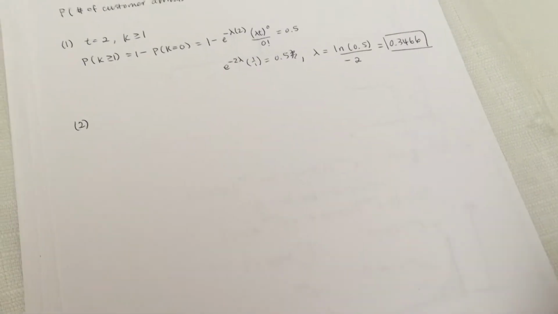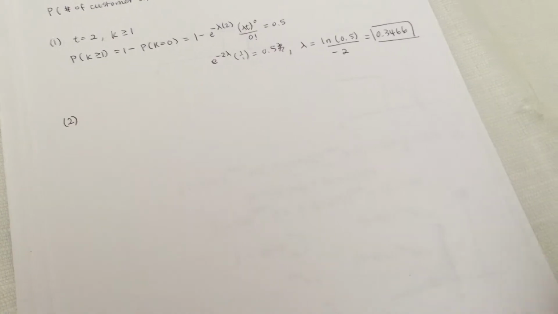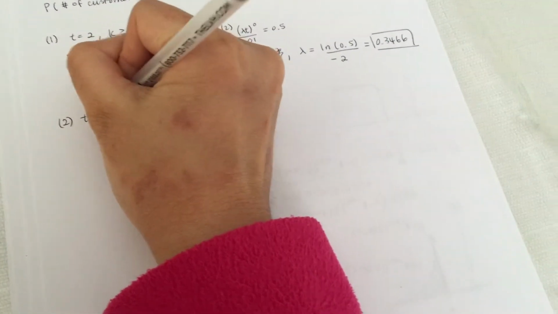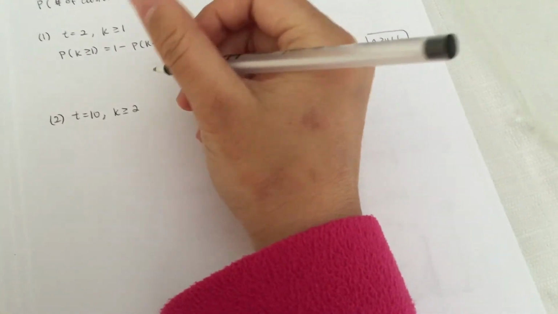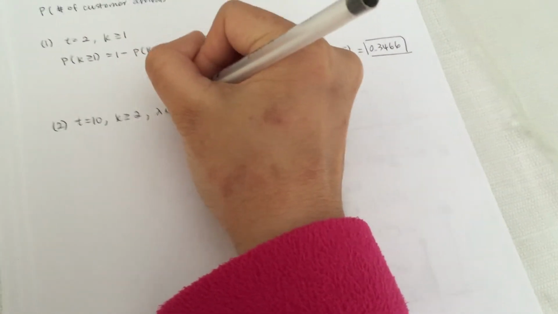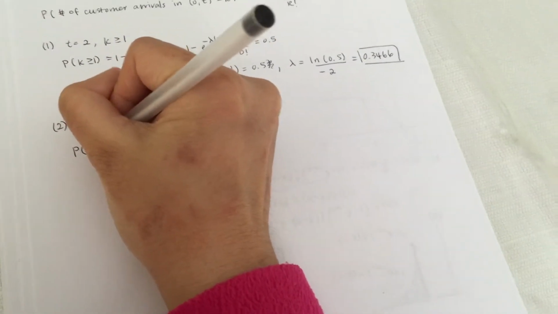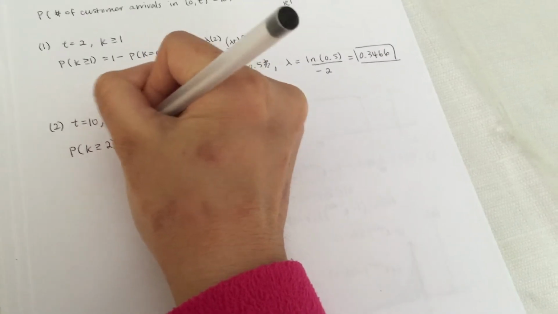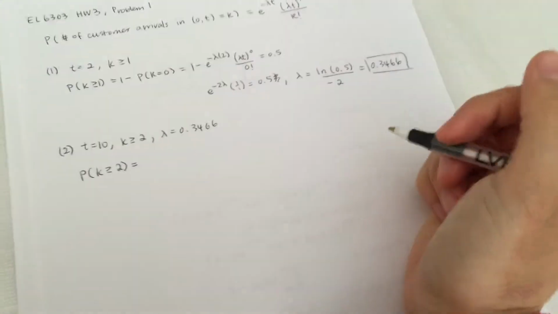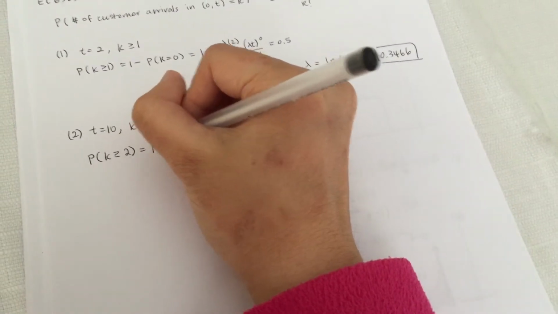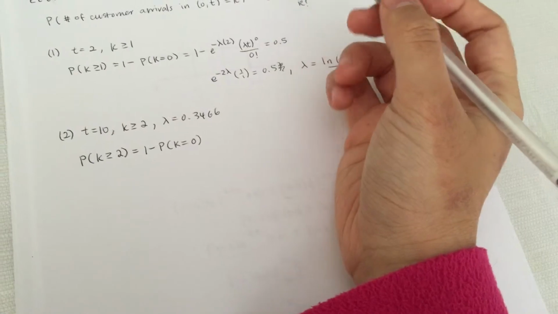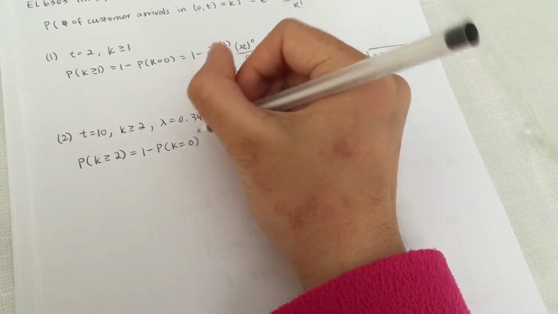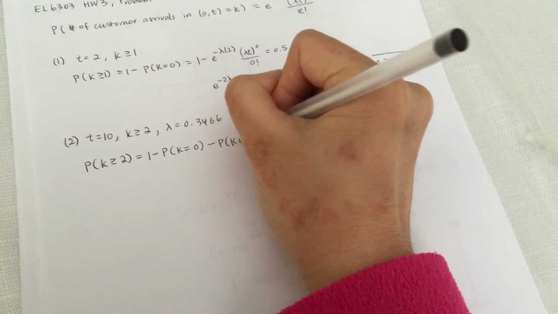So part 2 asks, find the probability that in 10 minutes at least 2 customers will arrive. So we'll do the same thing we did in part 1. We write out t equals 10, k is greater or equal to 2. Lambda we found in part 1. So we write the Poisson expression as this: P, where k is greater or equal to 2, equals 1 minus P where k is exactly 0, and then minus P where k is exactly 1.